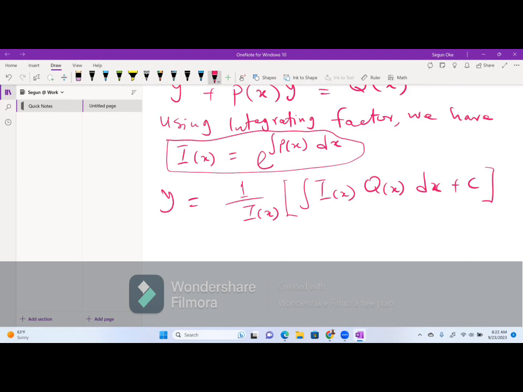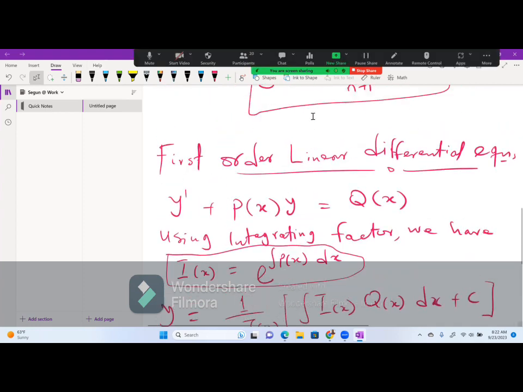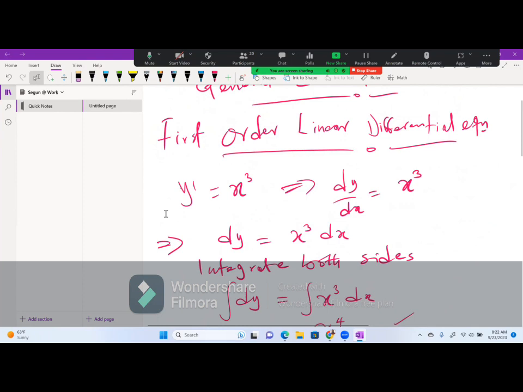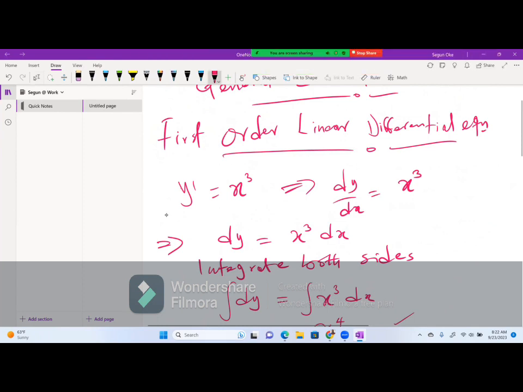Now, the question is, which one are we going to be using for anything we want to solve? Remember the example that I gave you here. I said you are given y prime. Can you see this one?